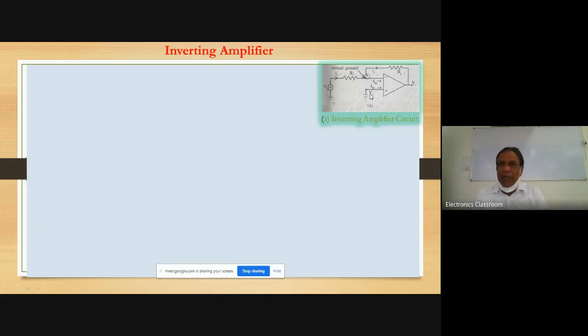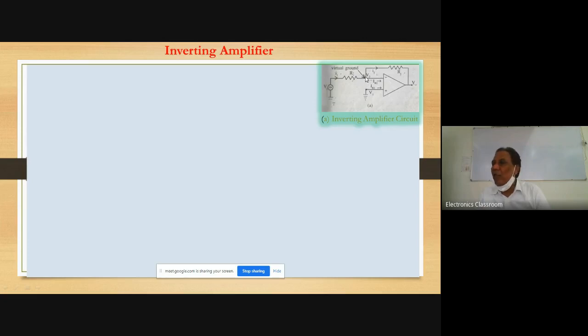We can look at this side. This is an operational amplifier, and this is the symbol, having two input terminals. This is a plus sign, meaning it is the non-inverting terminal. It is shorted to the ground, and through it the base bias current IB1 is flowing towards the operational amplifier. The second input terminal is called the inverting terminal. In this inverting terminal, the base bias current IB2 is flowing towards the operational amplifier.